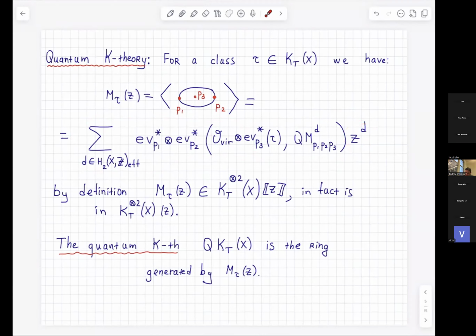In fact, it's a power series, but it is also known that the result is a Taylor series expansion of some rational function in Z.